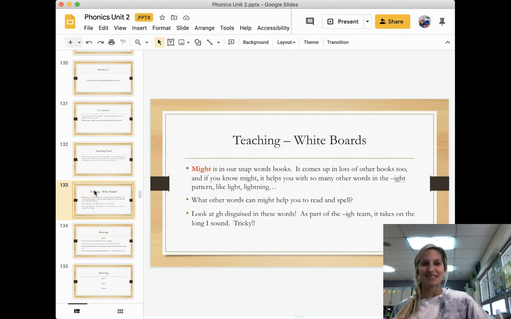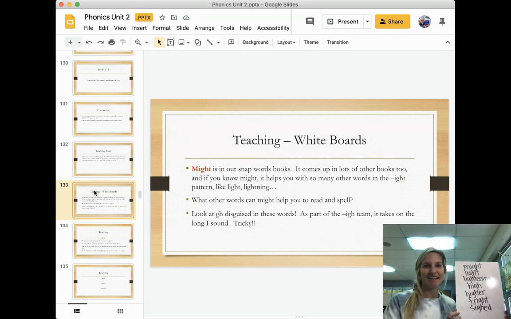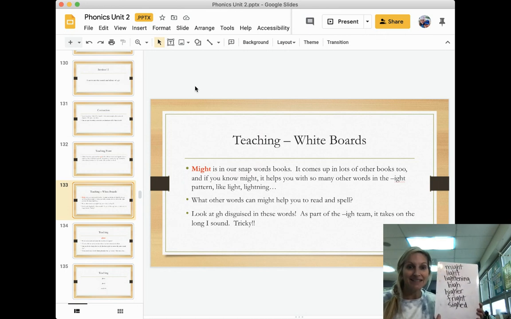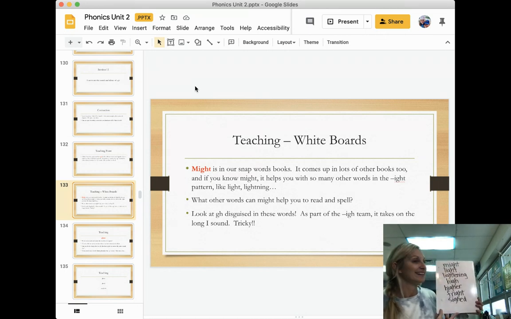I made a list of some, and I want you to look at this list if you came up with any. And here is my list of IGH words or IGHT words, all right? I have might, light. If you even added an ending, a suffix, the ing, you could have lightning.